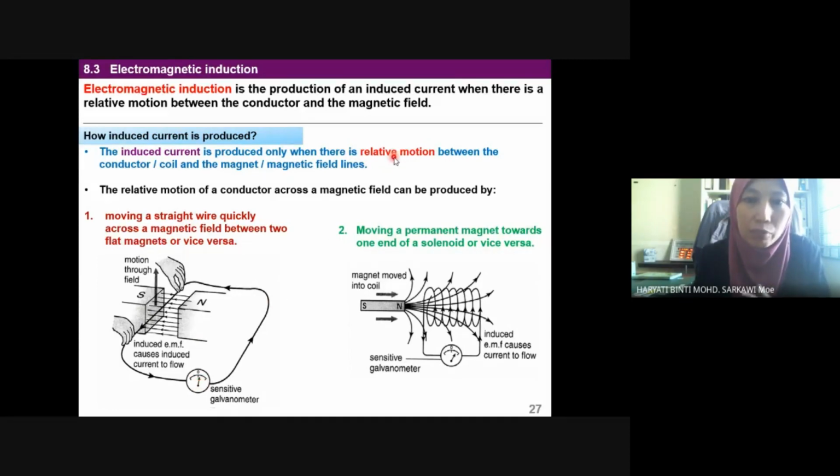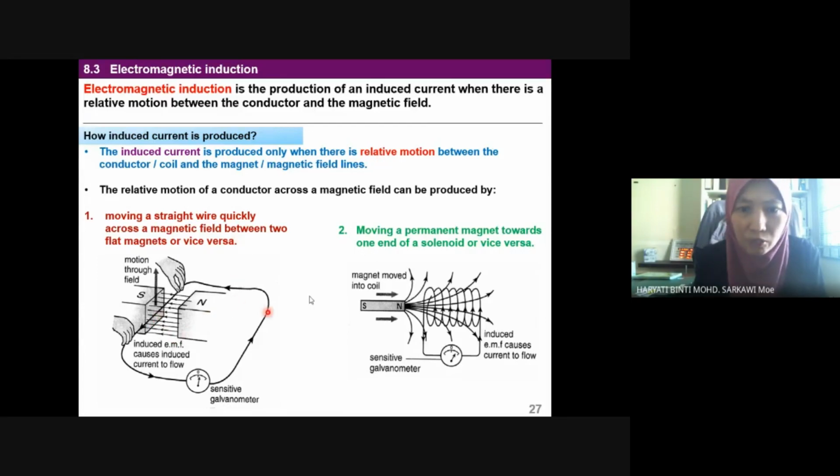Relative motion means they move at different velocities. They can move in the same direction, but one faster and one slower, or they can move in opposite directions. Either one moving also works.